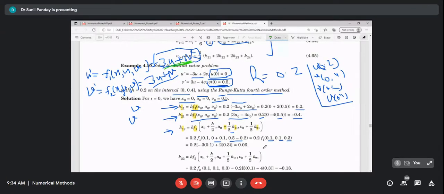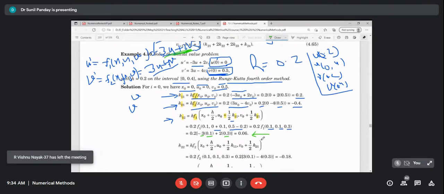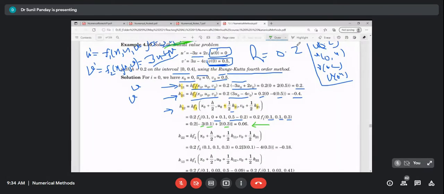If you use it, you will have minus 3 into 0.1 plus 2 into 0.3, and after simplification you have 0.6. So this is k12, and then you require the value of k22 also. So here again we have this.